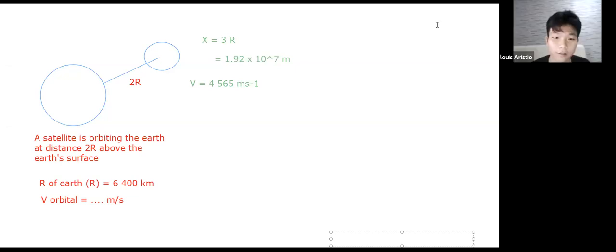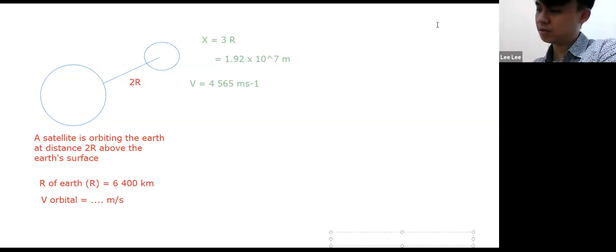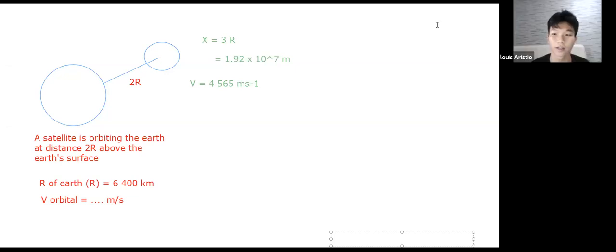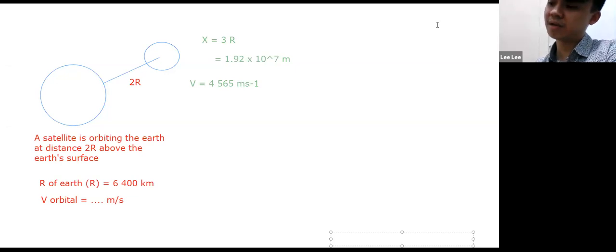Why is it 3R, sir? Why not 2R? Because it must be center to center, so add R again. This one usually becomes a problem in the exam.